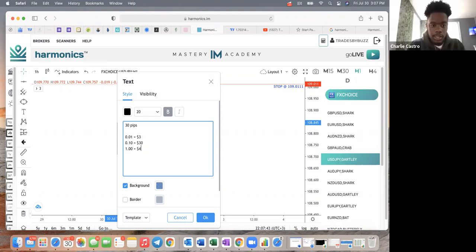So these positions are determined by how much money you have overall. For a 0.1, you want to have at least anything above $100. If I were to break this down, you want to risk 1 to 2% of your account.